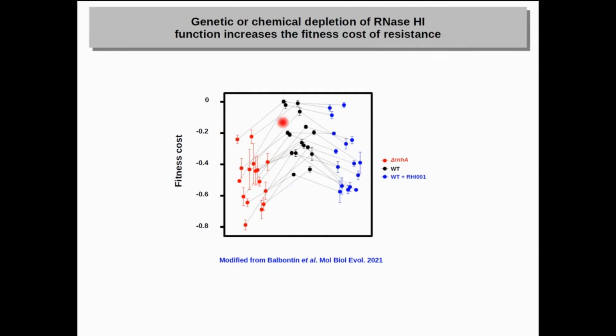And here in blue is the same data, the wild-type data points, but when the bacteria were grown in the presence of this compound called RH1001, which is an RNase H inhibitor. Okay, so we have a target that seems to be specific and that causes a big drop in the fitness of resistant bacteria particularly.